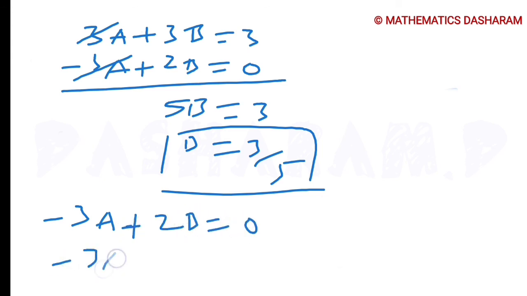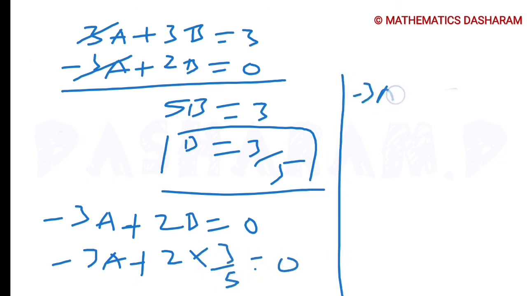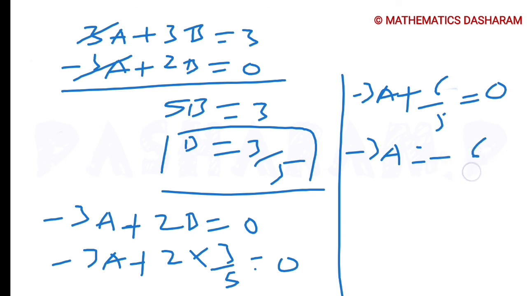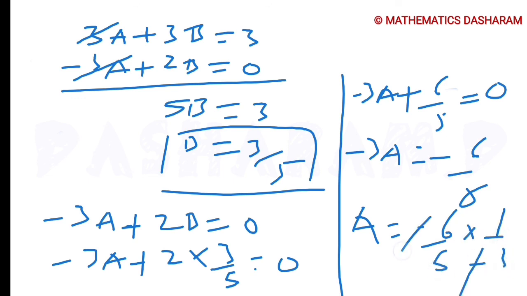Here minus 3a plus 2 into 3 by 5 equals 0, and minus 3a plus 6 by 5 equals 0. Minus 3a equals minus 6 by 5, and a equals minus 6 by 5 into 1 by minus 3. Here minus minus cancel, 3 ones are 3, 3 twos are 6, so a value is 2 by 5.